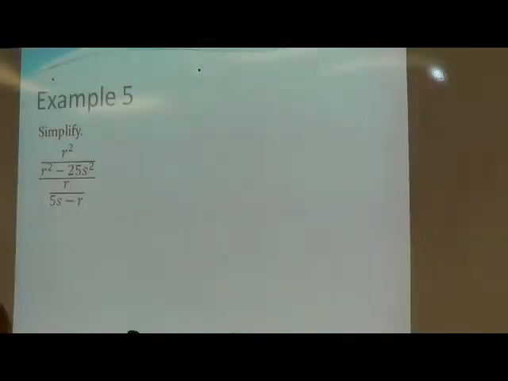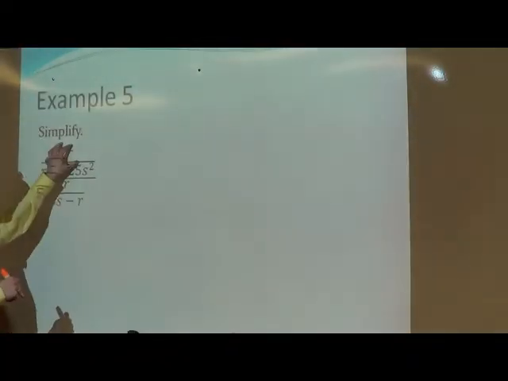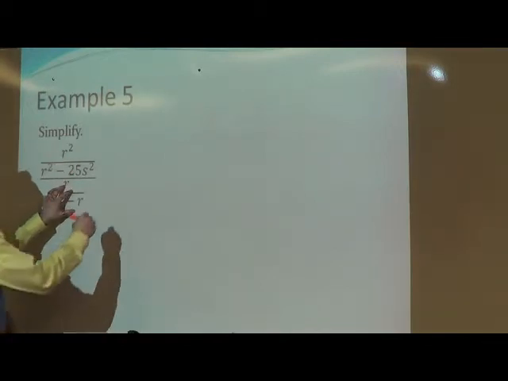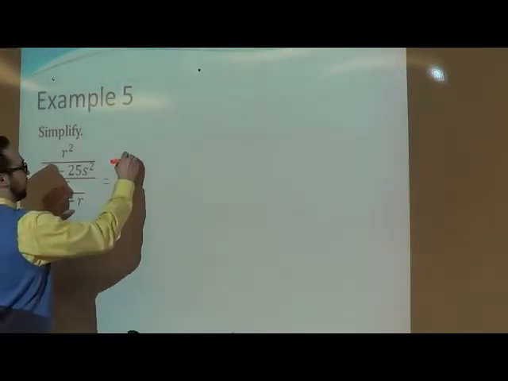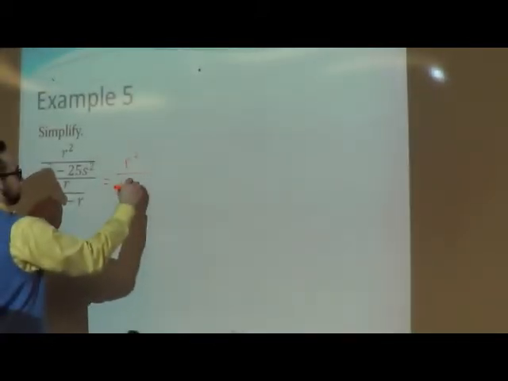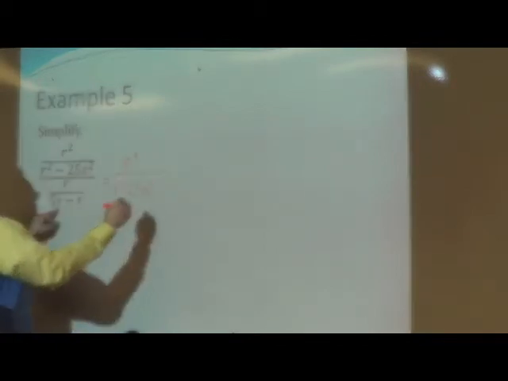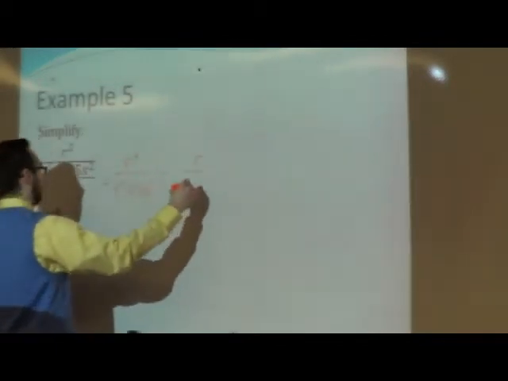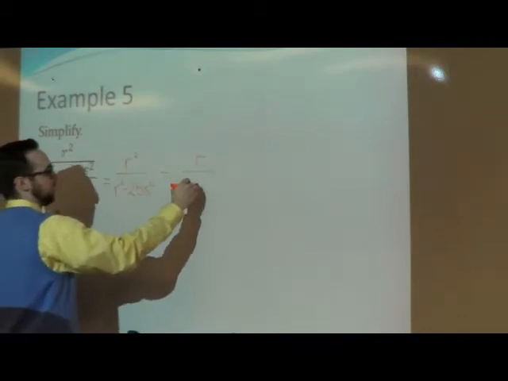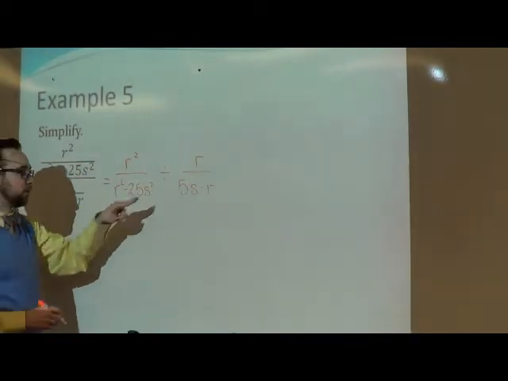And that's all that's to it. So if we look at this very last example, all I'm saying here is I'm taking this fraction and dividing it by this fraction. So if we rewrite that as such, I'm not going to factor anything yet. And I rewrite that as divided by r over 5s minus r. Now this is exactly what we just did. You multiply by the reciprocal.